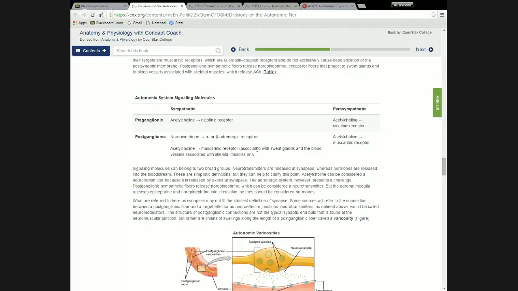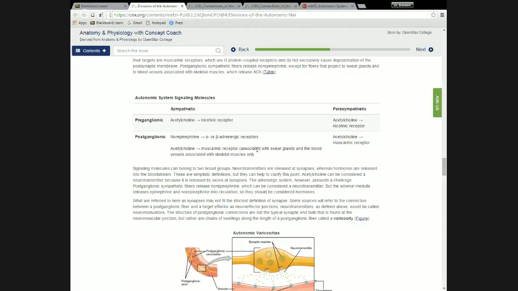Okay. Now, the way I like to describe this is using the key and lock metaphor for protein binding. Neurotransmitters bind to the receptor proteins. A three-dimensional molecule fits into a three-dimensional spot on a receptor, very much like a key fitting into a lock.